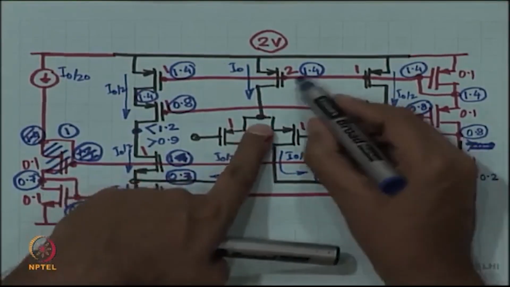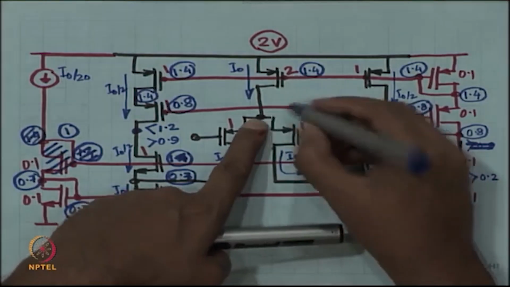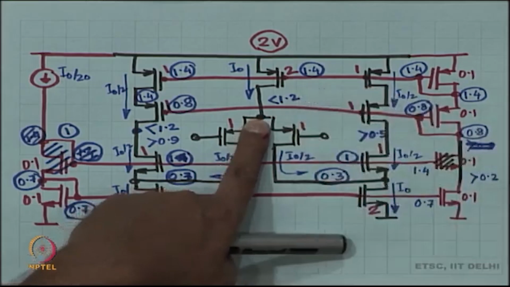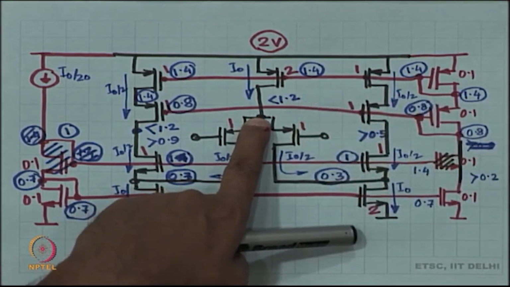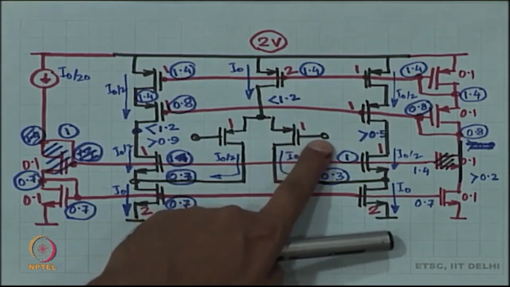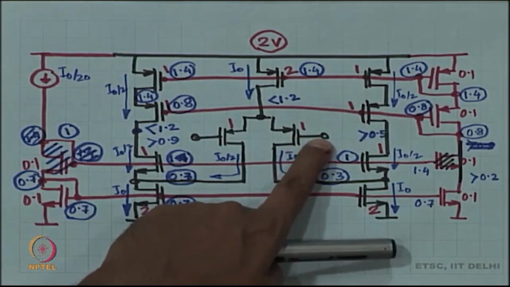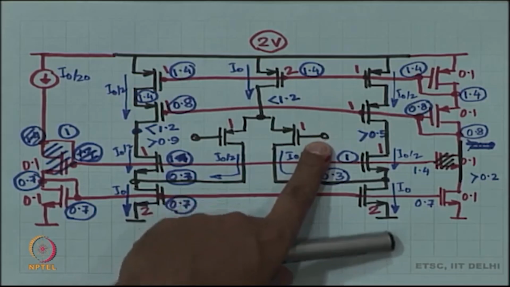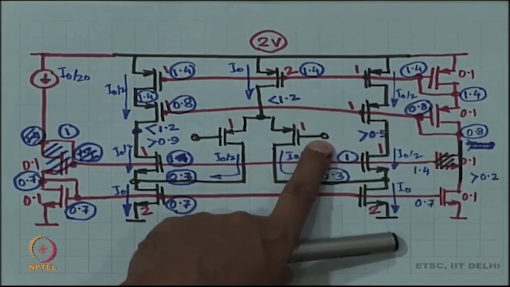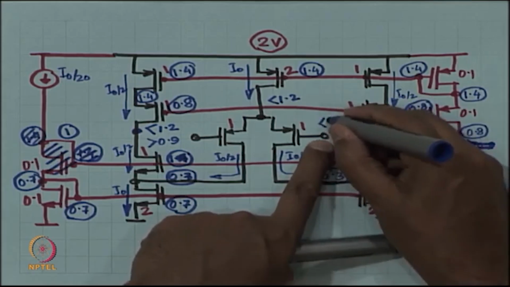In this case, the maximum voltage over here is 1.2. So, the maximum gate voltage at the input, the maximum input common mode voltage is 1.2 minus 0.6. So, the maximum input common mode voltage is 0.6.